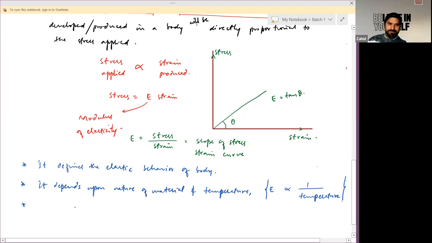So it is independent of dimensions, that is length, radius, area, and so on.